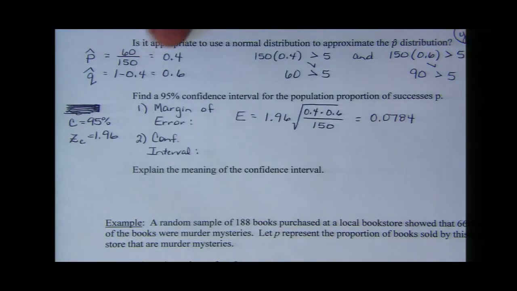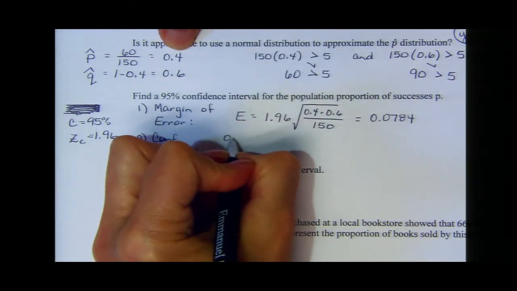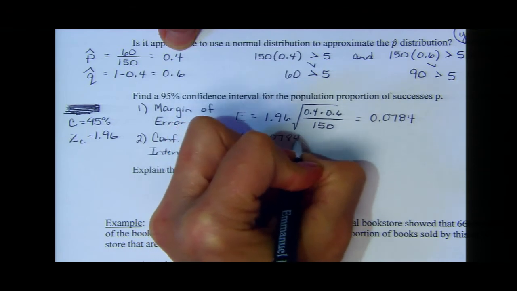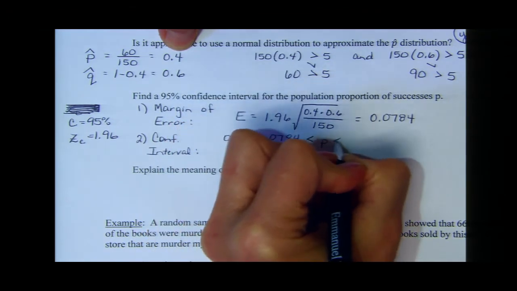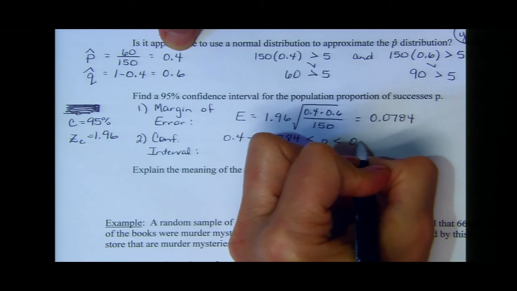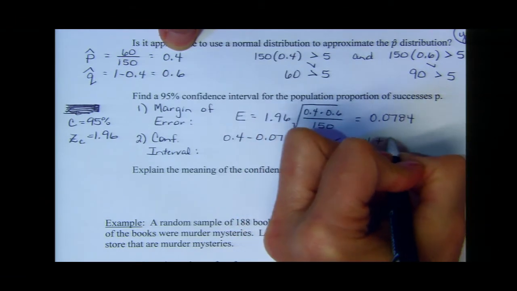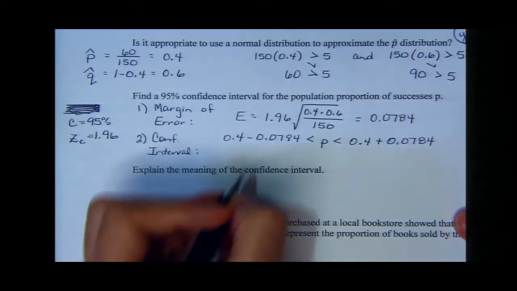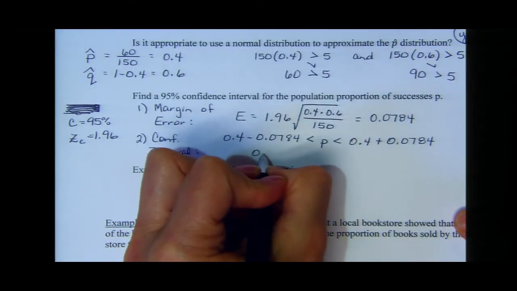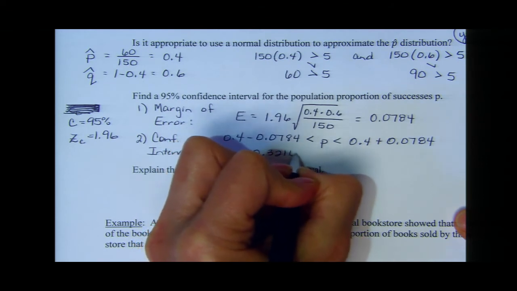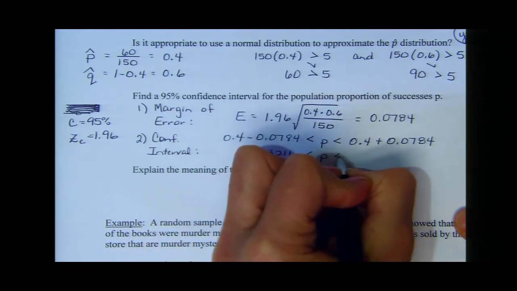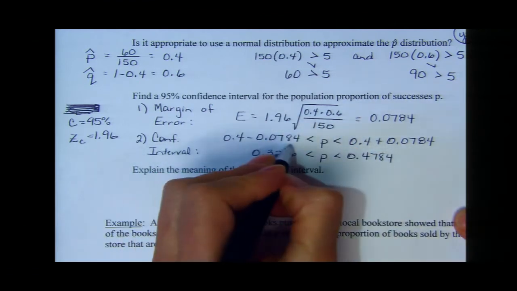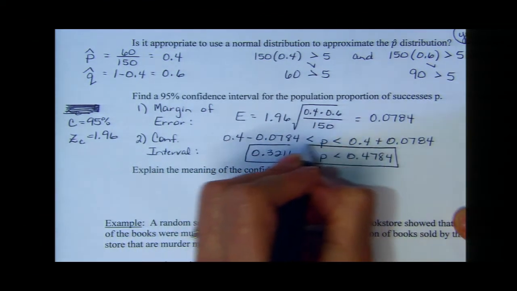So P hat is 0.4 minus my margin of error, and we're estimating P, and then P hat plus my margin of error. So we get the confidence interval of 0.3216 and 0.4784. So here's my confidence interval.